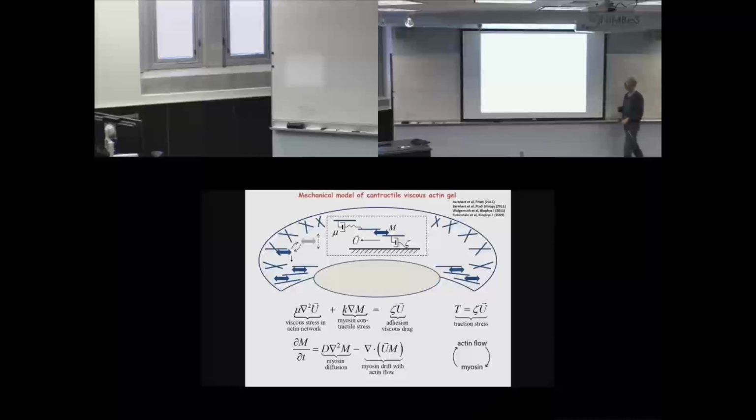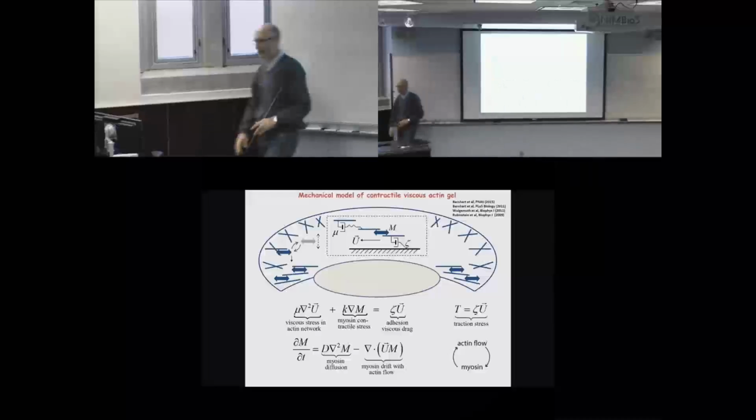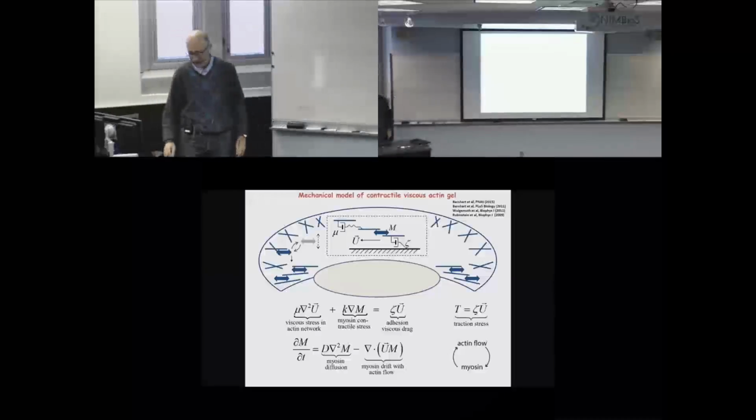So it's easy to understand that if, for example, viscosity and diffusion are small enough, the prediction would be that all the myosin will collapse into one point, creating the flow which leads into this point. In this sense, the model is mathematically rather similar to the famous Keller-Segel model of chemotactic aggregation of slime mold, which is one of the great paradigms in mathematical biology.